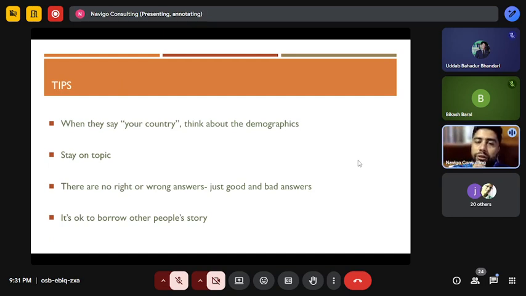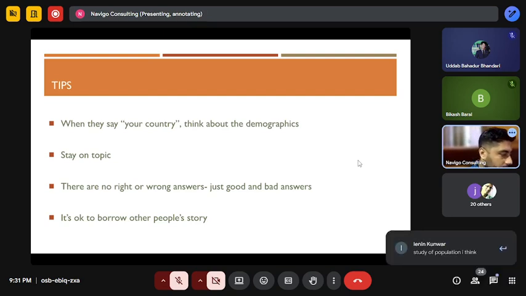Okay. So what do you mean by demographics? Do you guys know what is demographics? What do you mean by demographics? How the population is diverse, we can say like that.